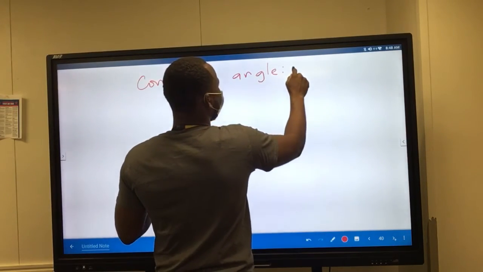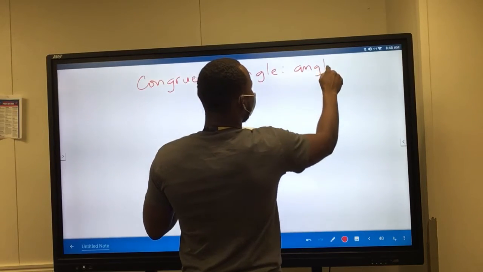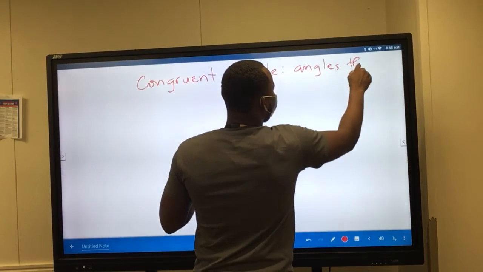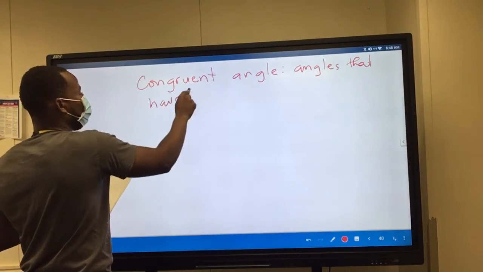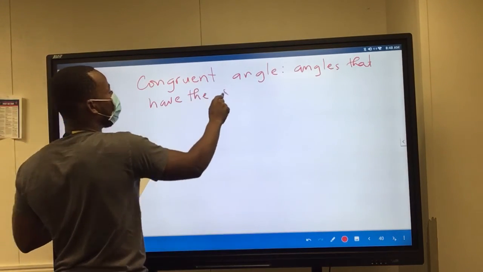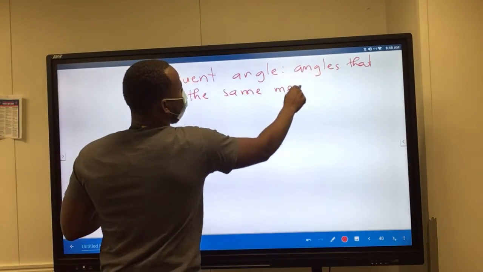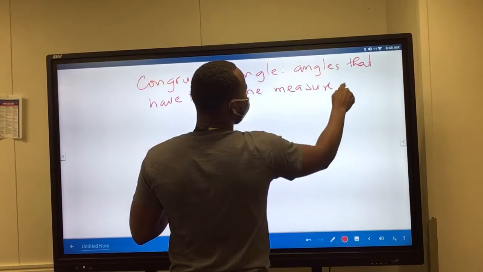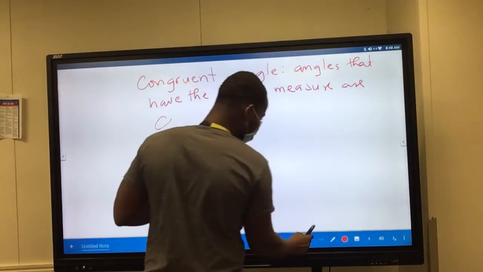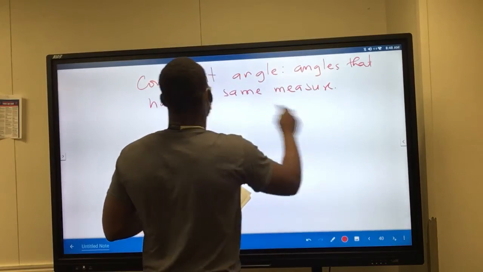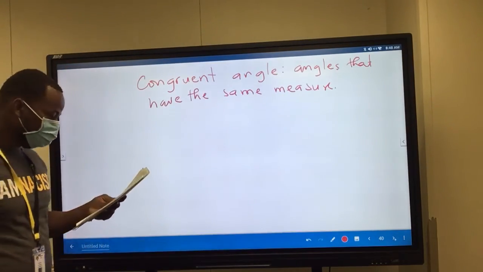So, definition: angles that have the same measure are called congruent angles.